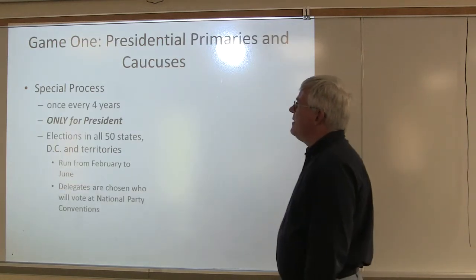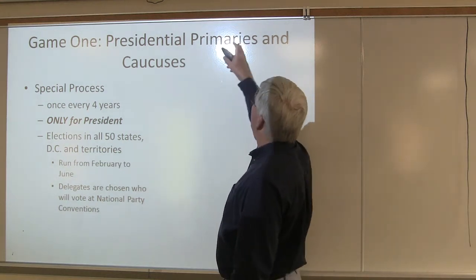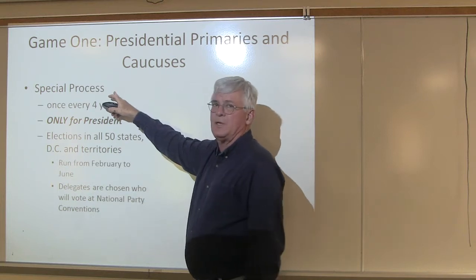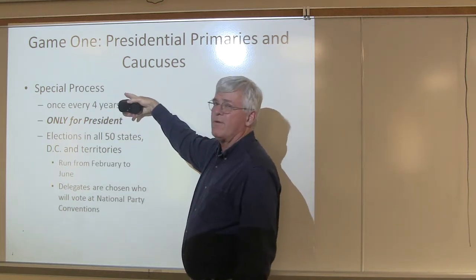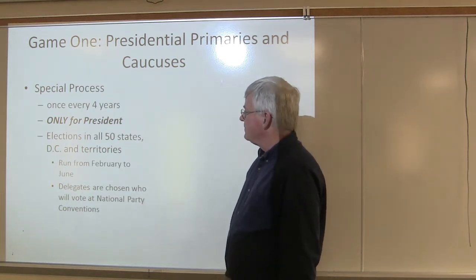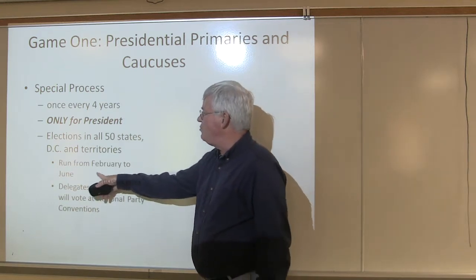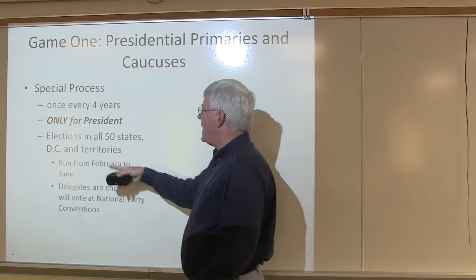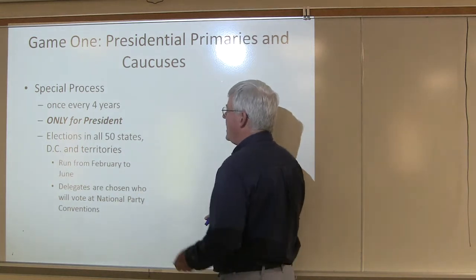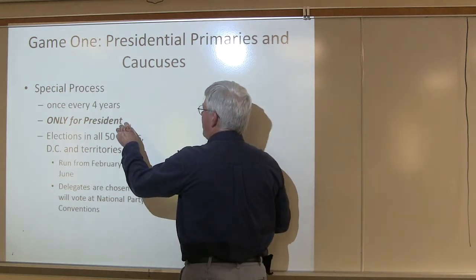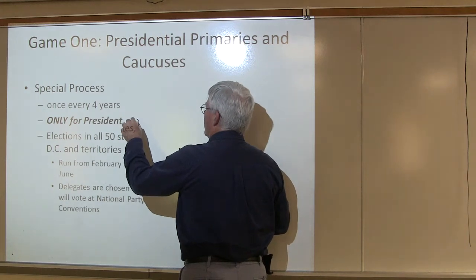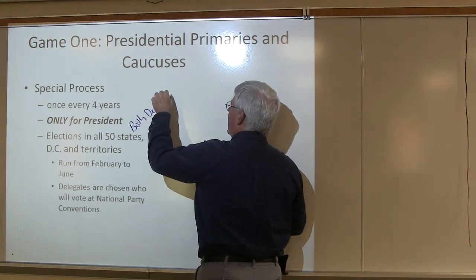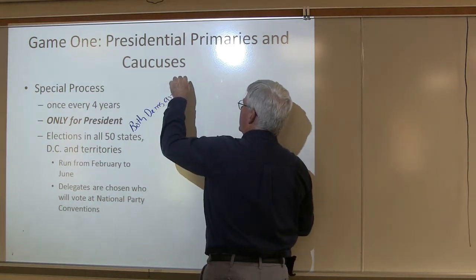Okay, so this presidential primary and caucus process is a special process that happens once every 4 years. It runs from February to June. There are elections in all 50 states, DC and the territories, for both the Dems and the Republicans.